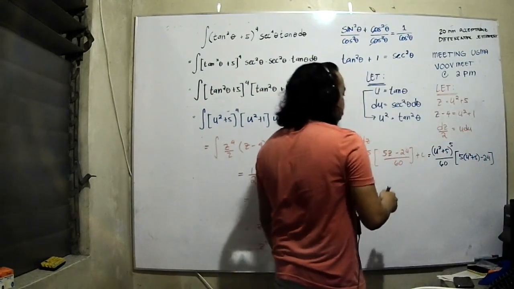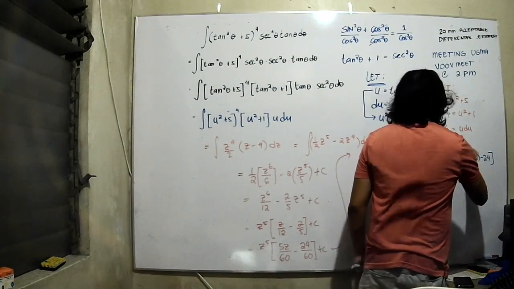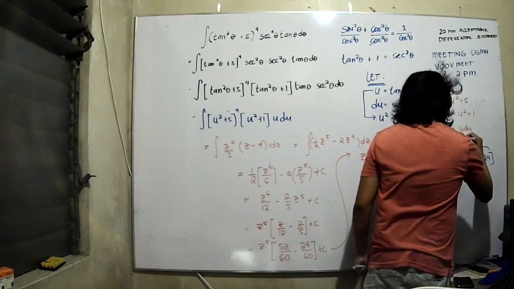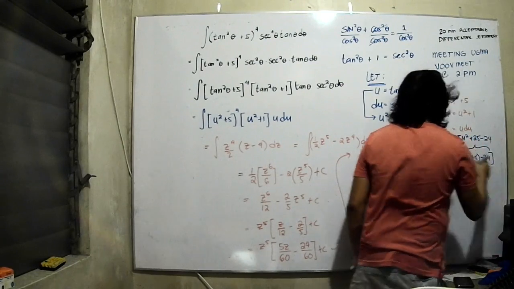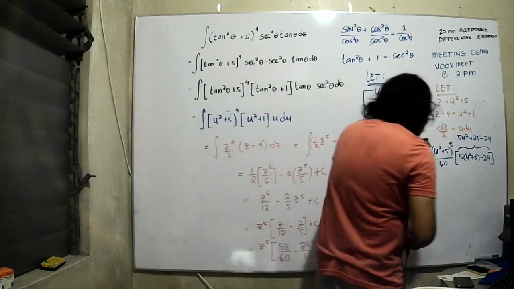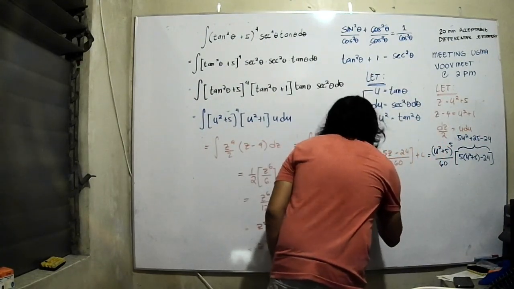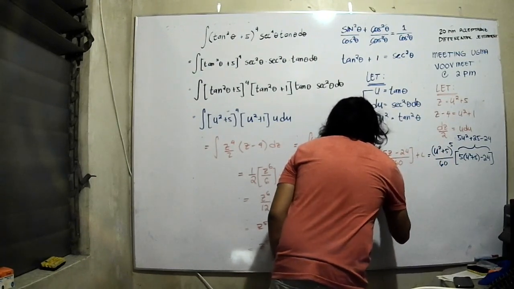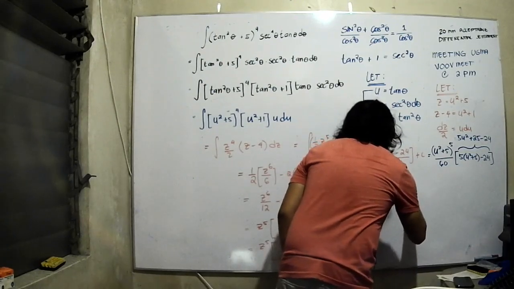Let me simplify that: 5u squared plus 25 minus 24. 25 minus 24 should be equal to 1. So we have (u squared plus 5) raised to power 5 over 60 times the remaining factor.